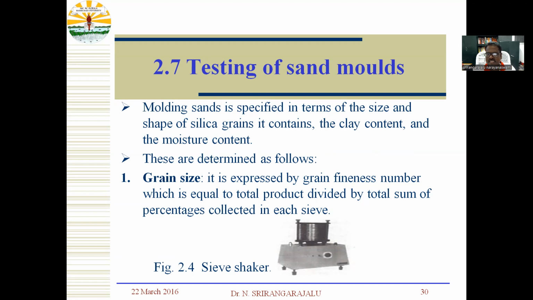Grain size is expressed by the grain fineness number, which is equal to the total product divided by the total sum of the percentage collected in each sieve. With the help of a sieve shaker, we can get the proper grain size.